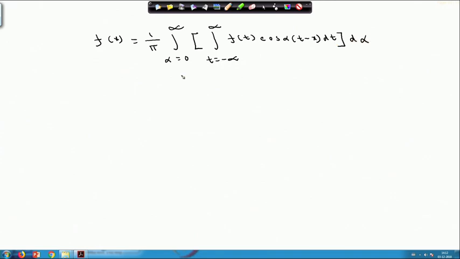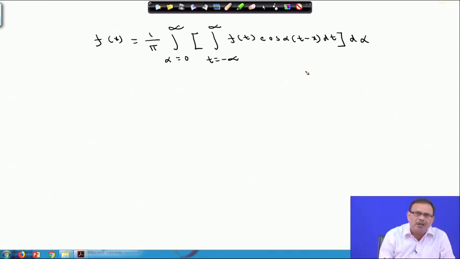I am not explaining this again, because we already did it in the introductory lectures on the Fourier transform. Recalling those things directly, the Fourier integral representation of a function f(x) can be written as f(x) equals 1 by pi, alpha from 0 to infinity, t from minus infinity to infinity, f(t) cos of alpha into (t minus x) dt d alpha.